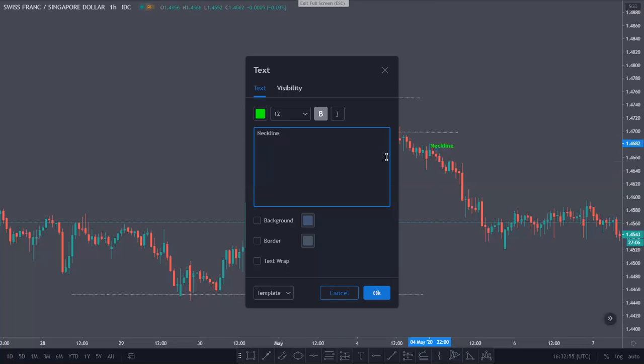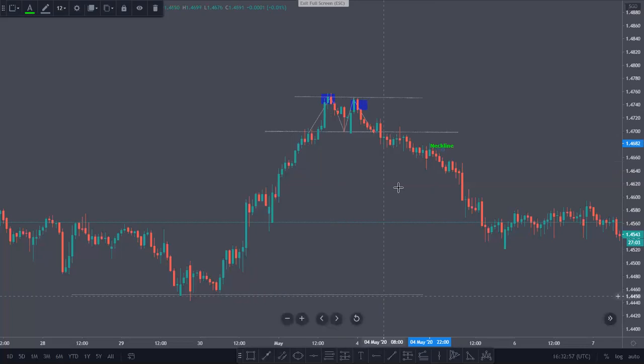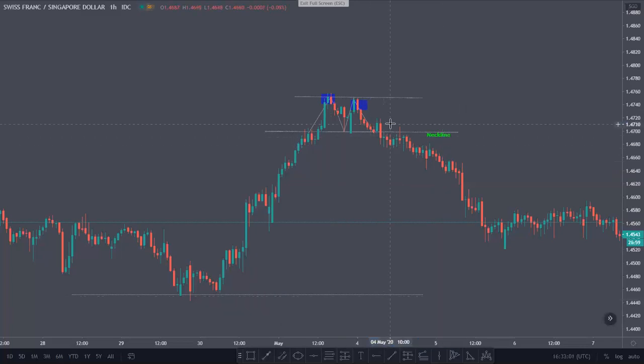So guys, this is on a 1 hour, so if it was on a bigger time frame, it would hold for a bigger time. Okay. So I would like you to sell at this point. So this would be a selling point.